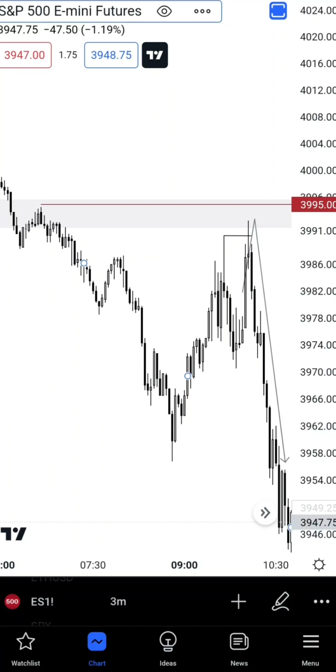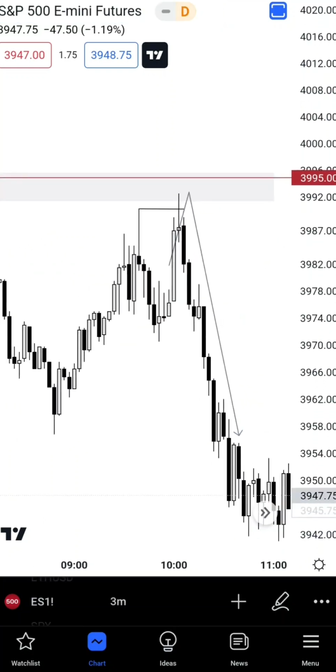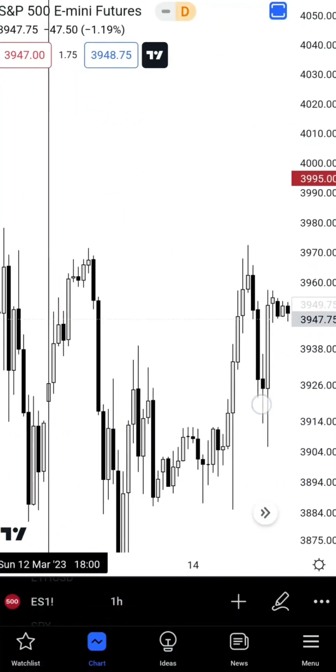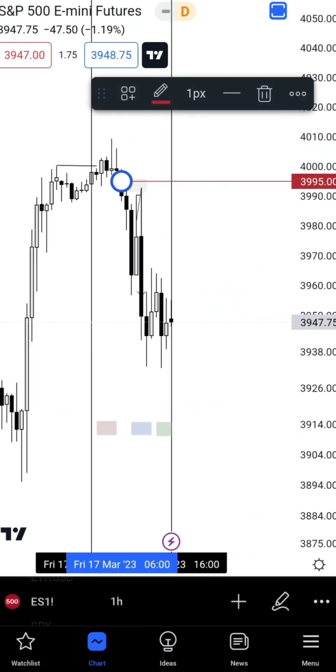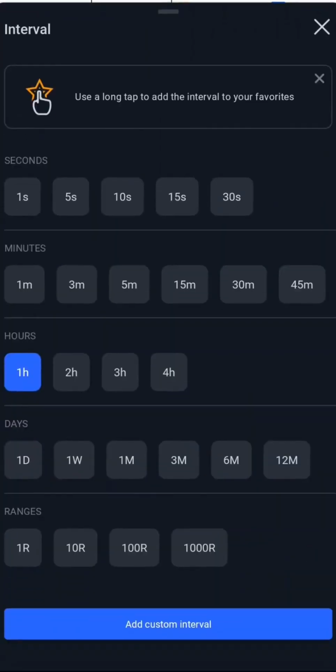So this would have been a stop loss, by the way, a very valid stop loss. But I like to play it safe, especially when dealing with large amounts of capital. So my stop loss was the high of the fair value gap right here.